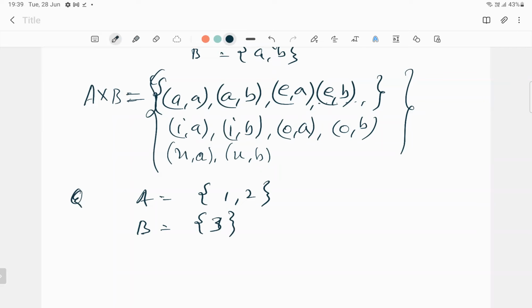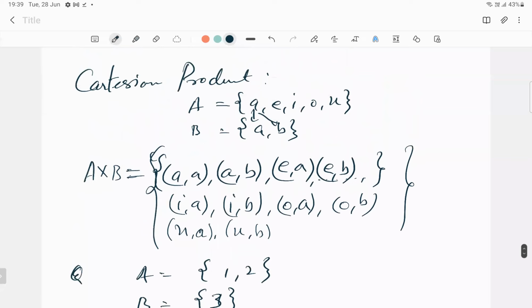Yes, 1, 3 and 2, 3. See, this element, how do you write it? The first element will be from set A, second element will be from set B. That's how we do the Cartesian product. Sorry, I said multiplication; multiplication is a wrong word to use.